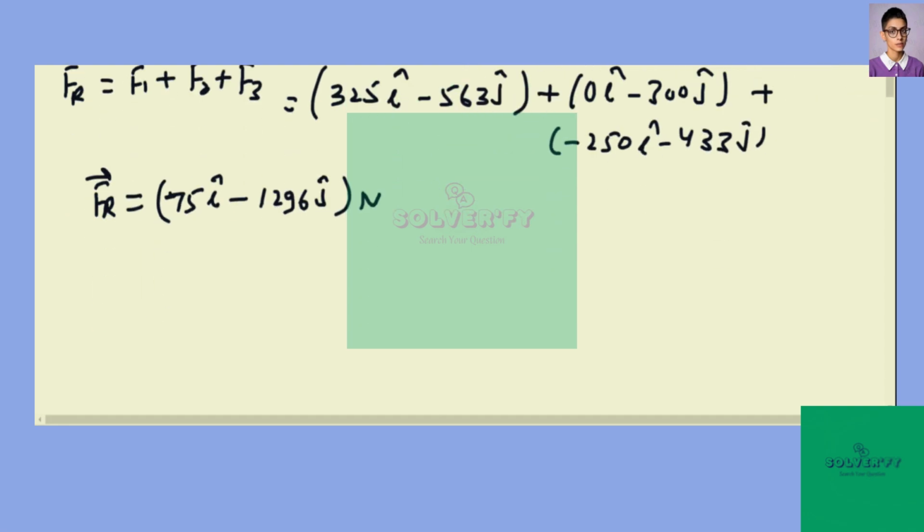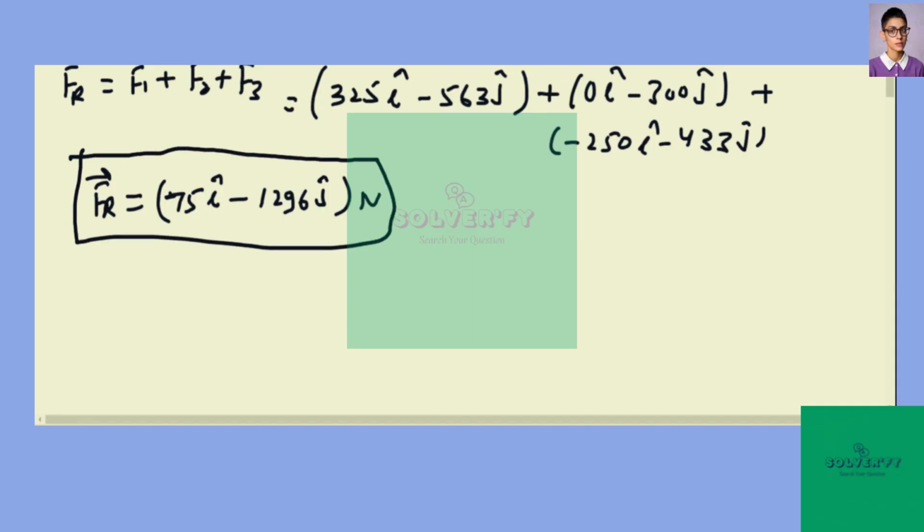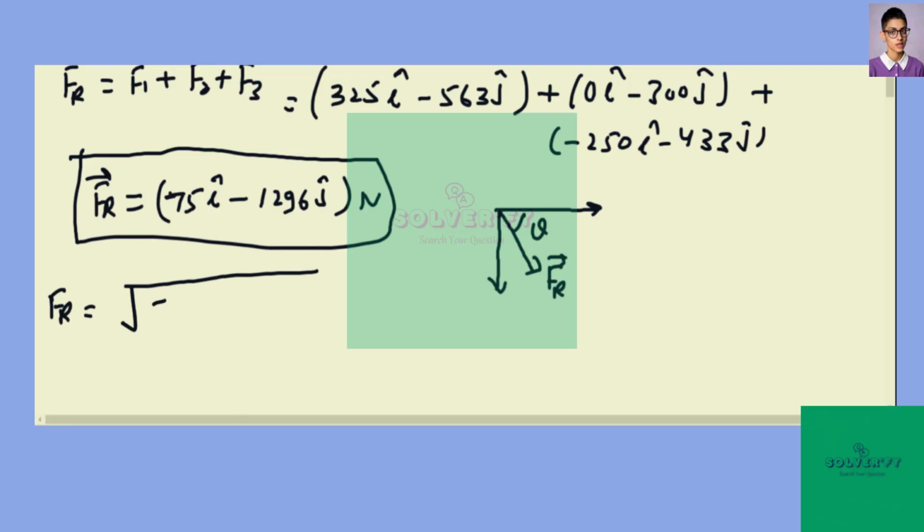I am drawing the diagram of this resultant force here separately. This is the x-axis, this is the y-axis. So the resultant force you are getting is this one, and this is the angle. Now you can write its magnitude. The magnitude of this force will be the square root of 75 squared plus minus 1296 squared.